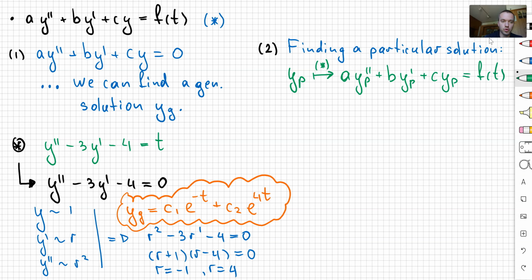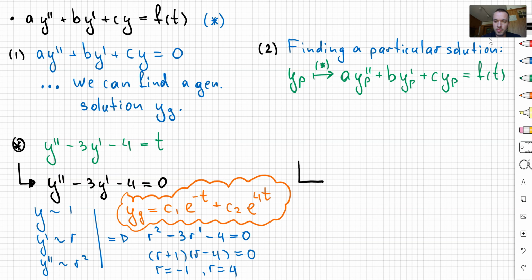So you can see for our general solution, if I plug in this y general inside my differential equation, I'm going to obtain 0 in the end. But for y particular, I'm going to obtain f of t in the end.